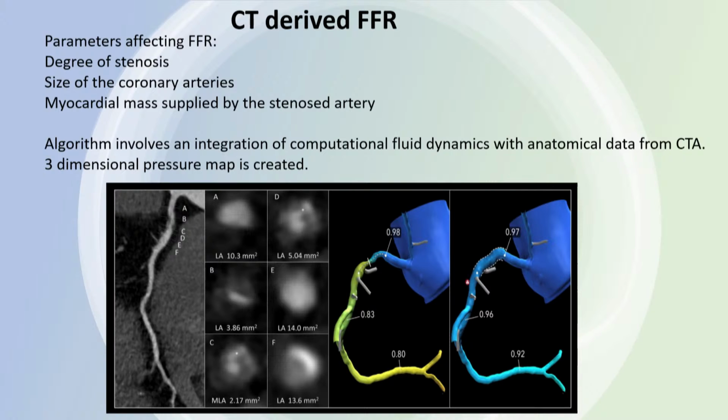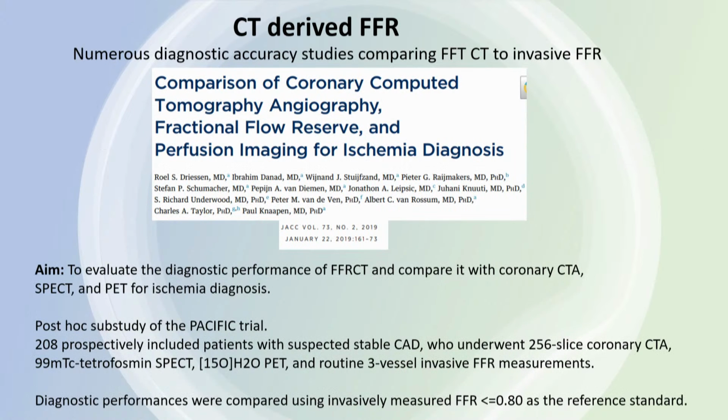But it's not just the absolute value, but the drop in CT FFR compared to a proximal segment that's important. So for example, in this CT FFR done on a right coronary artery with significant stenosis, the proximal segment has a CT FFR of 0.98, but in the distal vessels it's 0.8, which is borderline abnormal.